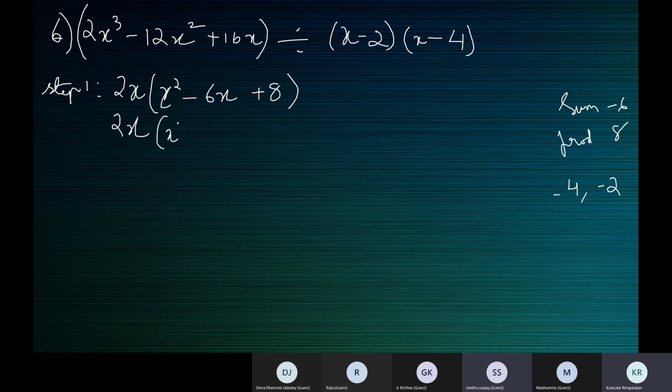So x square minus 2x minus 4x plus 8, ma'am. We have to group them. Correct.